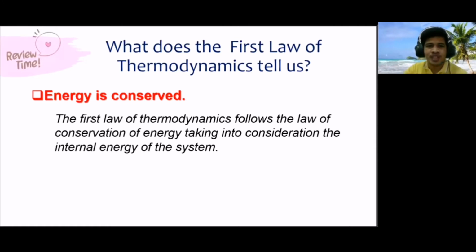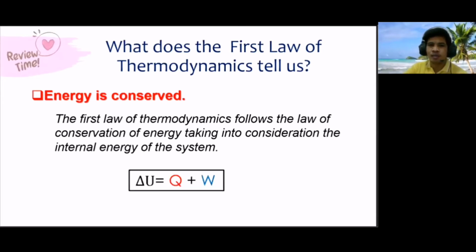Next, for the first law of thermodynamics, we have this equation form. Do you still remember it? Delta U, or change in internal energy, equals Q, which is heat, plus W, which is the work.